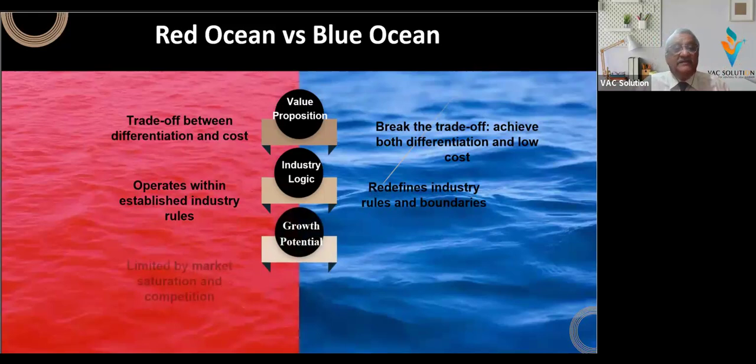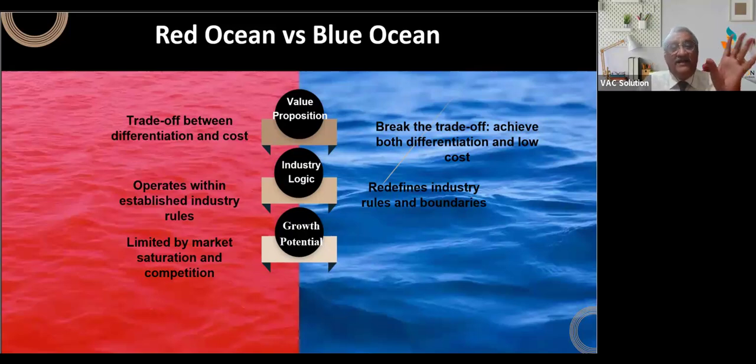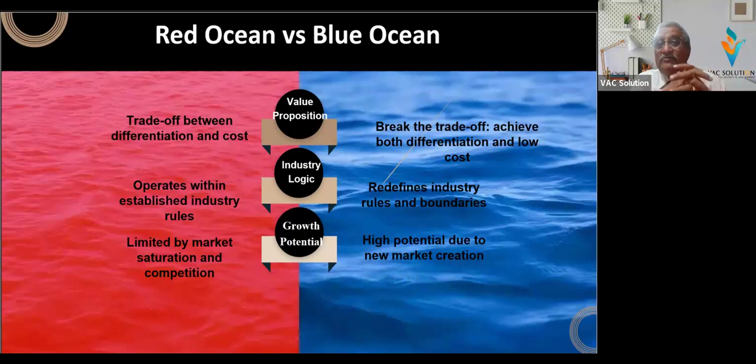The growth potential is highly limited in the case of a Red Ocean because the market is already saturated and there is intense competition. Whereas in the case of a Blue Ocean, there is high potential due to new market creation. This is very, very important because this is what will take you as an employee to the top of the ladder.